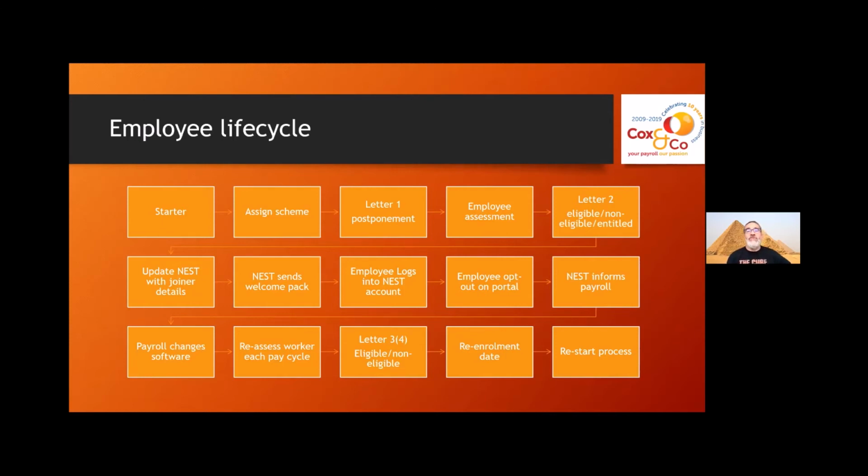So if they're automatically enrolled, they have a right to opt out, and Nest reflect that in their communications and the way they work. If they join as a contractual joiner, then they don't have a right to opt out. And more importantly, they don't have a right to have contributions they've made returned to them. So if you've told them they're going to be in it and they think they then have a choice, they may have a choice, they can come out at any time, but they may not get back the contributions they paid in initially.